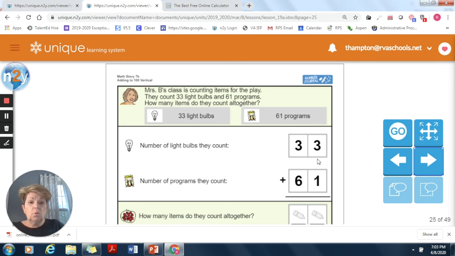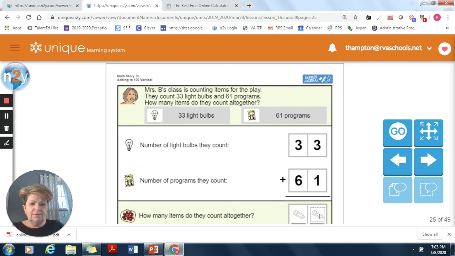Okay, we can just simply look at our problem and we can say that we have 3 and we're going to add one more, and that is 4. Good job. And then we can look at 3 plus 6. Now, if you're going to use your hands, you'll need both of them for this, or we can do our hash marks, or we can count up. So we can say 6.